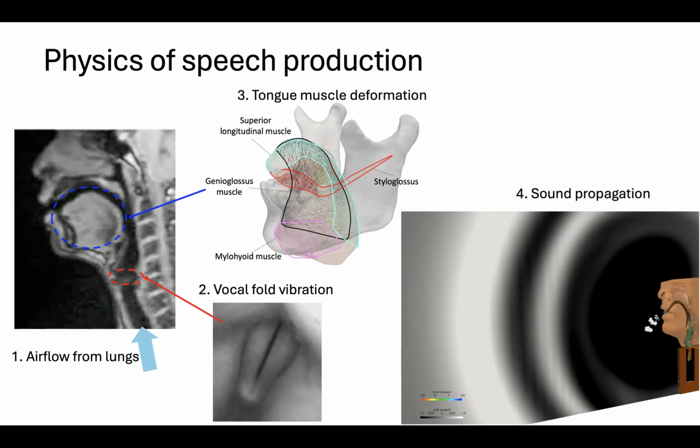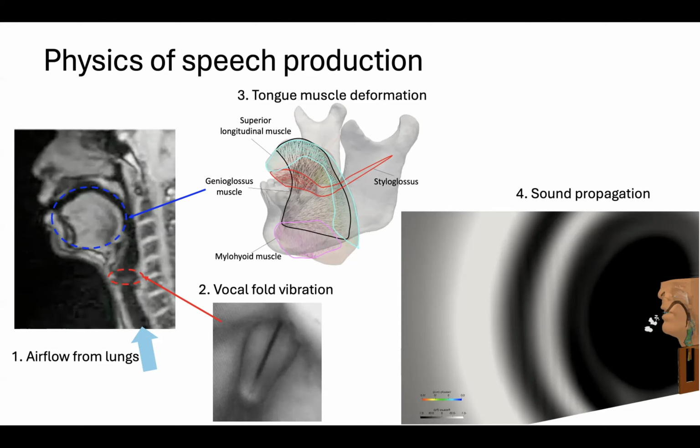Above the vocal folds, the tongue moves up and down by contracting the muscle fibers. There are 7 muscle fiber orientations, and the combination of muscle fiber contractions enables deformation into a variety of shapes. Finally, the sound produced in our mouth propagates from the lips, and the listener can recognize the sound.